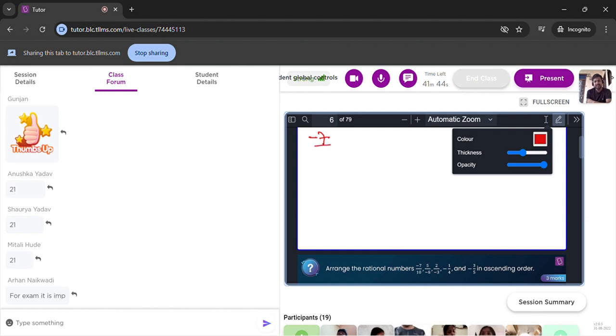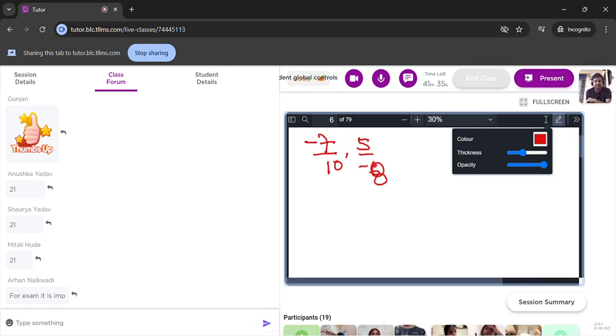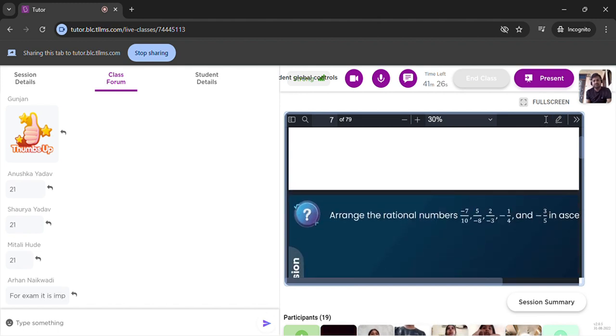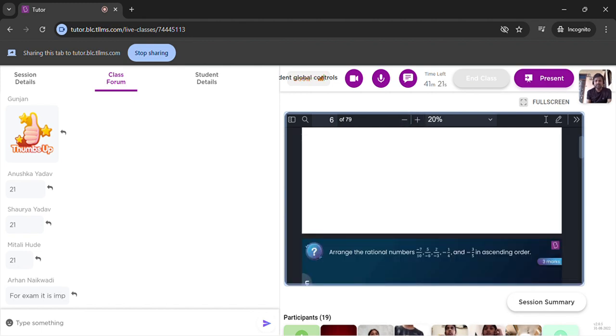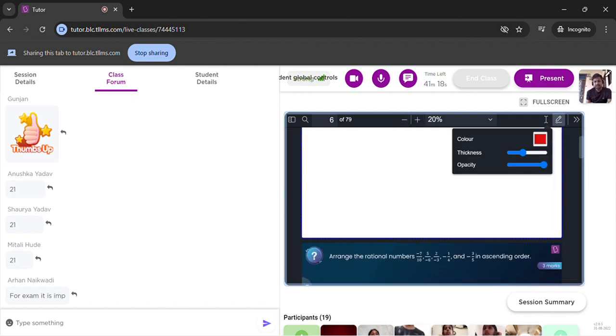So the first number is minus 7 by 10, and the second one is 5 divided by minus 8, and then 2 divided by minus 3, and then 1 divided by minus 4, and then 3 divided by minus 5.